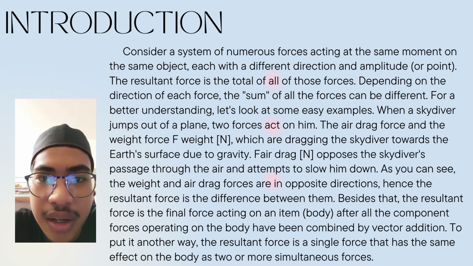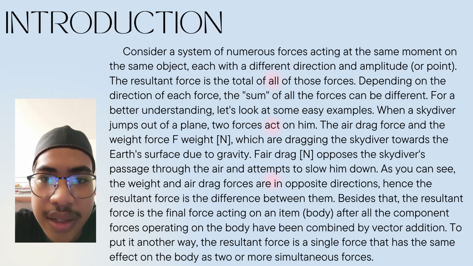Air drag opposes the skydiver's passage through the air and attempts to slow him down. As you can see, the weight and drag force are in opposite directions. Hence, the resultant force is the difference between them.